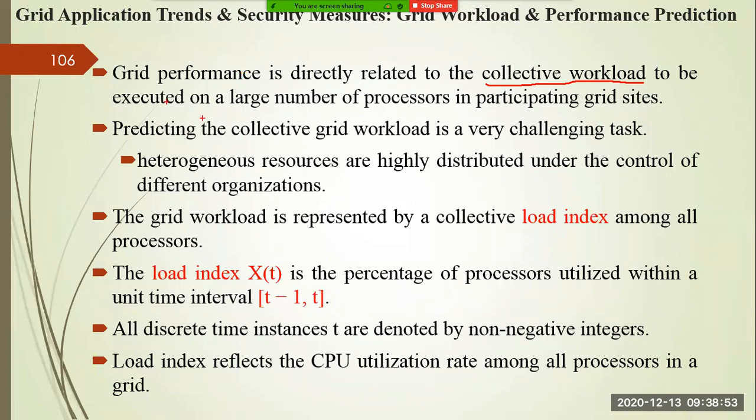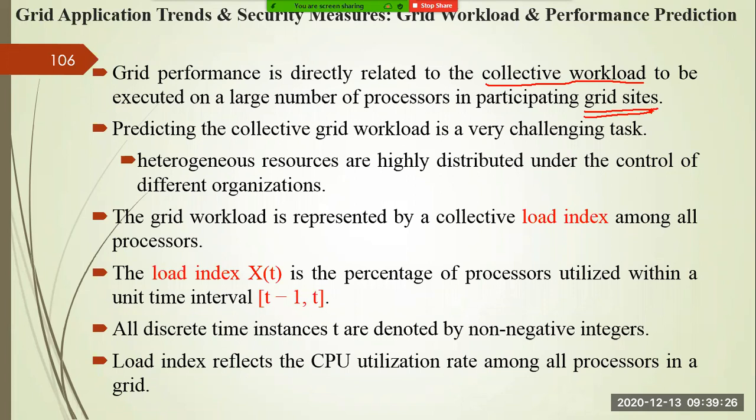It is directly related to the collective workload to be executed on a large number of processors in the participating grid sites. So multiple grid sites are connected, in which the resources are there, and these grid sites provide the processor power, computational power, so that you have a large number of processors in the grid, and they are sharing the workload as well.